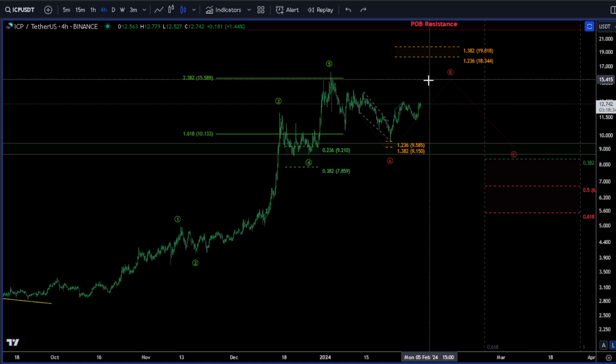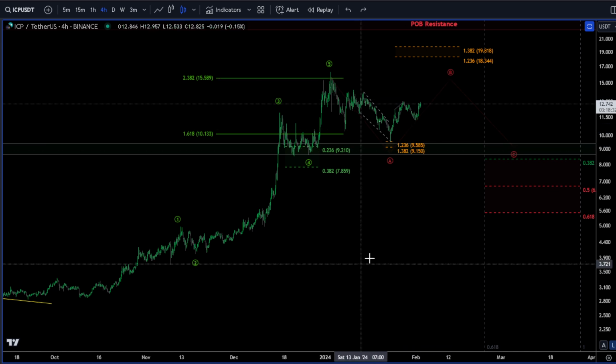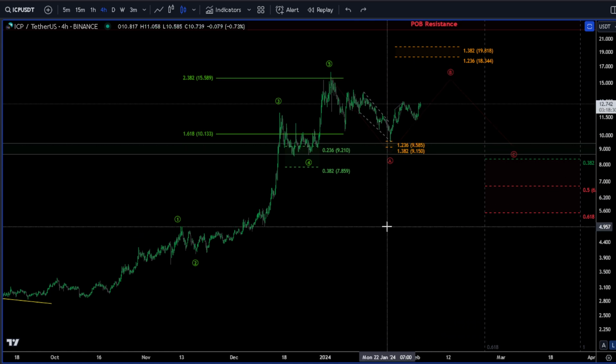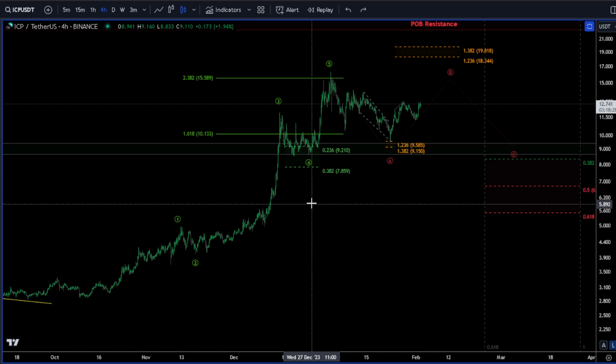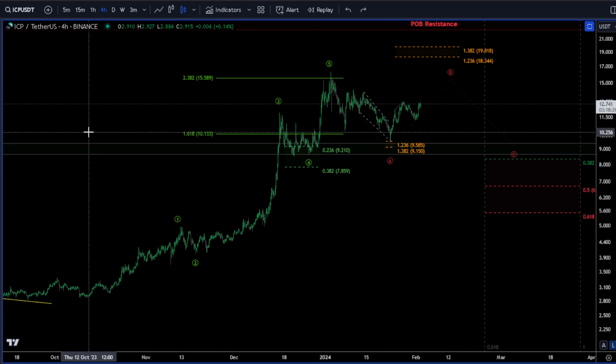So as soon as we make higher highs here, I'm getting rid of this option. But as of right now, looking for this B wave to correct to the upside in 3 waves.